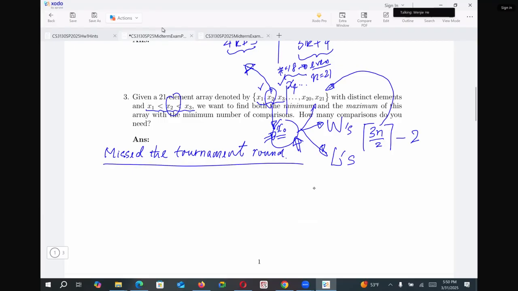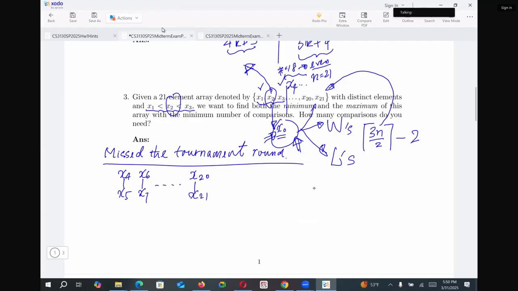In the tournament round, we pair x4, x5 as the first pair, x6, x7 as the second pair, and so on. The last pair is x20, x21.